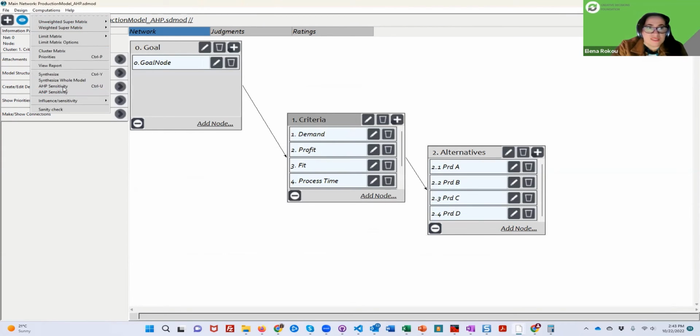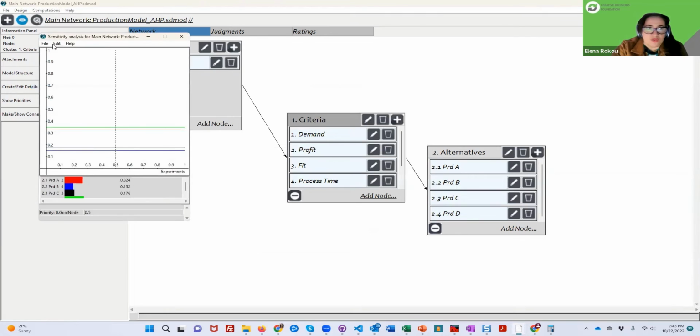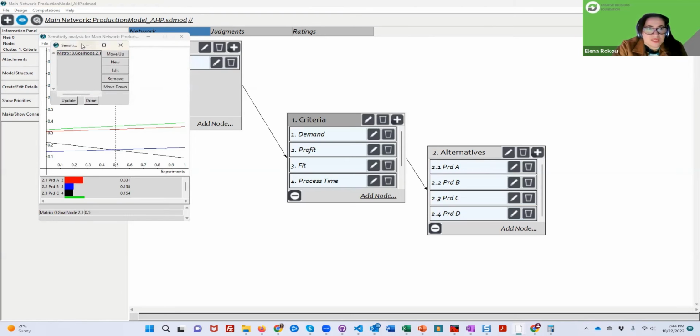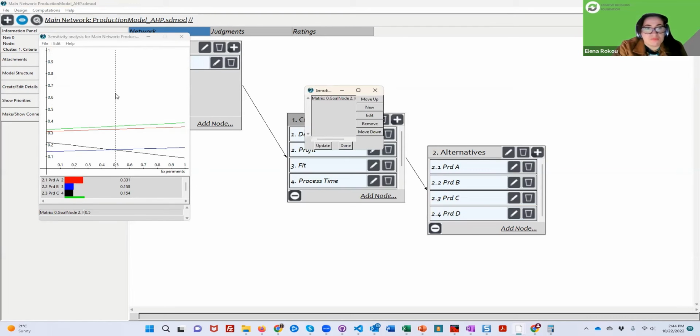I'm going to do the sensitivity analysis for my second factor. Edit, independent variable, edit again, super matrix. With respect to goal, let's see how profit affects our result. That's the opposite situation.